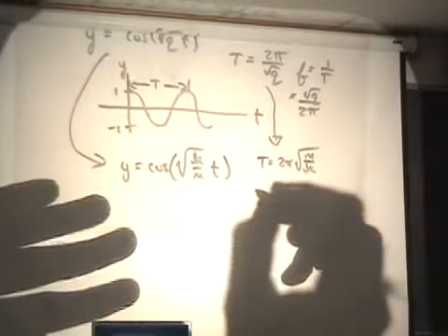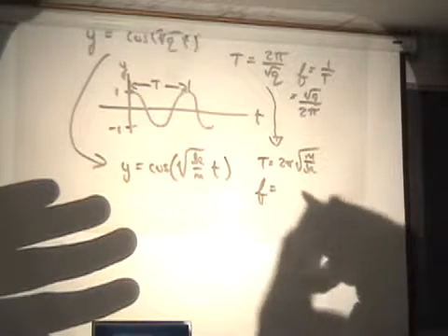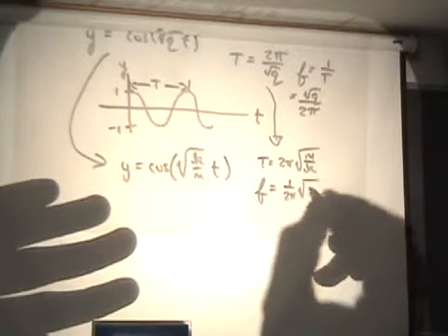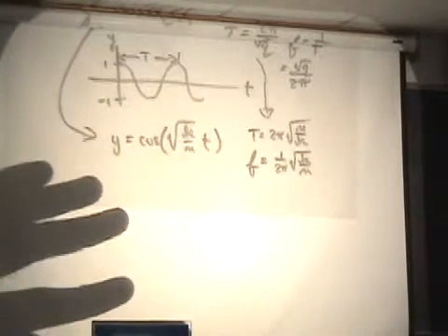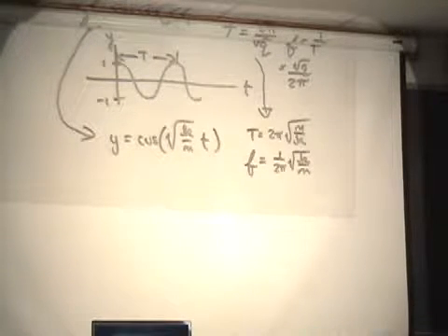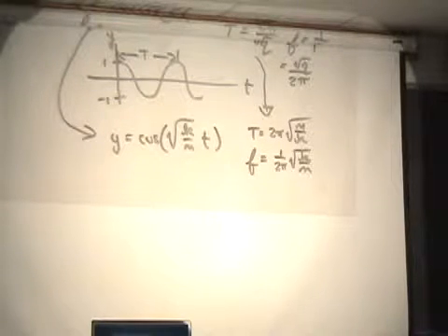And the frequency, 1 over the period, can be written as 1 over 2 pi times the square root of k over m. If you're thinking about units, the period would be in seconds typically, if time is in seconds, and the frequency would be in 1 over seconds, which is sometimes called hertz.